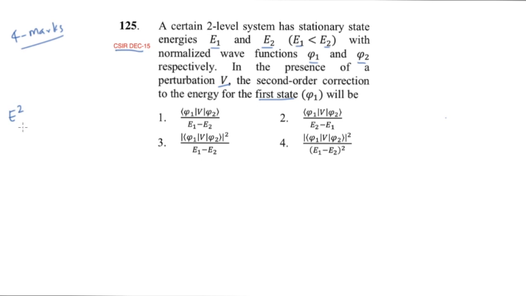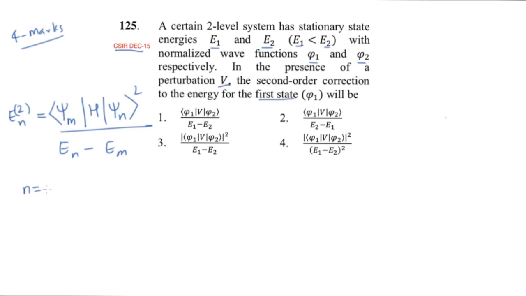E2, the second order energy correction for the nth energy level, was given by this: we were having psi n, psi m, then H, then psi n, squared, and in the denominator we were having En minus Em. This is what we have studied right now. Now for this particular question we have n equal to 1. Why? Because we have to find out for the first state.